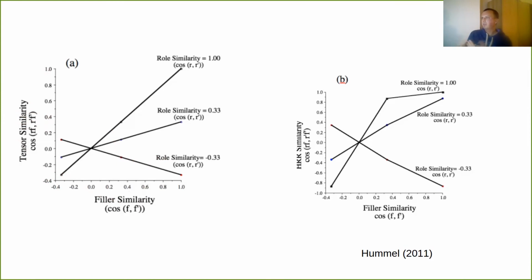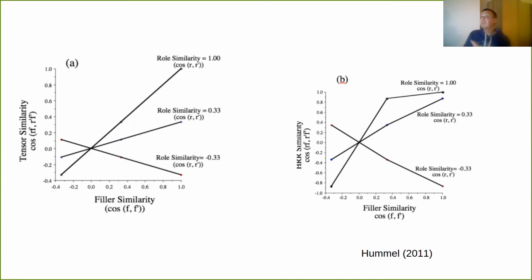This is the situation like, for example, the computer is to the left of the TV set, and Biden is to the left of Trump. The same relation, let's assume it's the same relation, but the fillers are completely different. Yet people see some similarity between these two cases because of the structural similarity. So the roles are similar, although the objects might be very different.